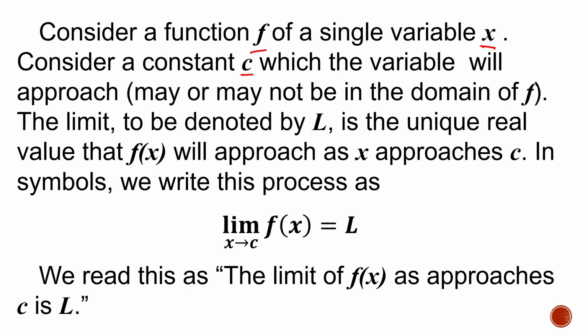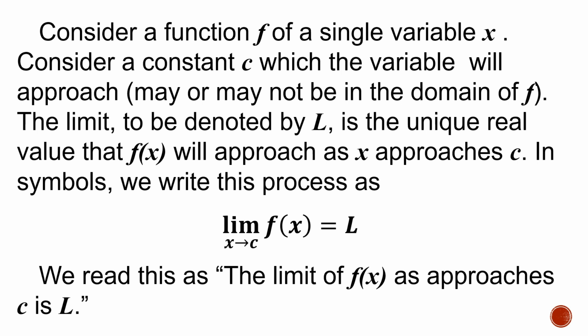The limit, to be denoted by L, is the unique real value that f of x approaches as x approaches c. In symbols, we write this process as the limit of f of x as x approaches c is equal to L.